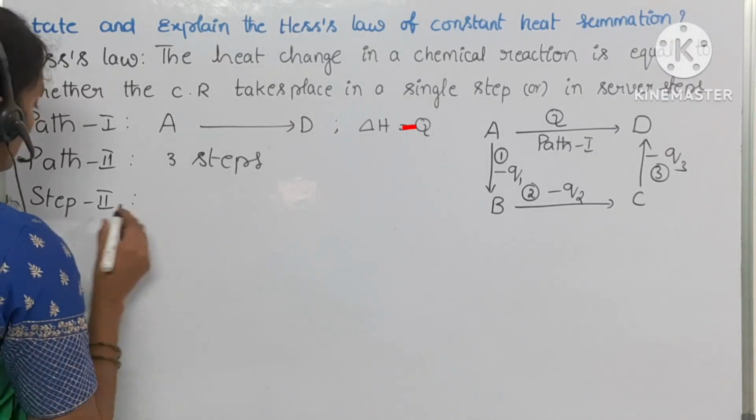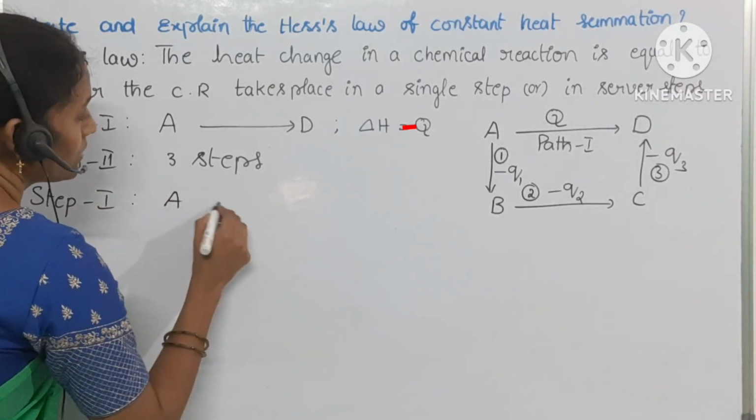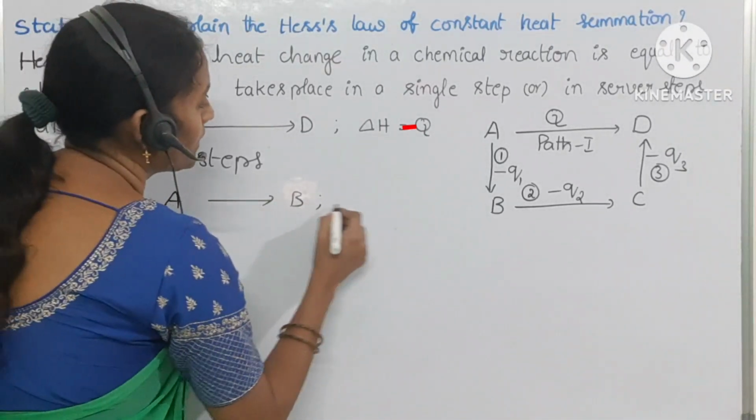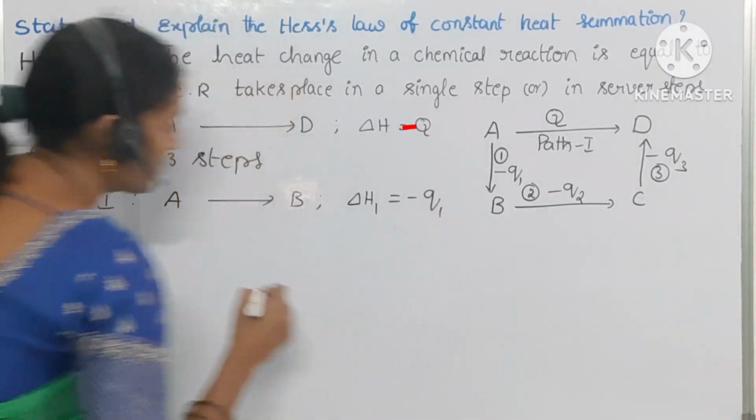Step 1 is the formation of B from A. Here the heat energy released is delta H1, that is minus Q1.